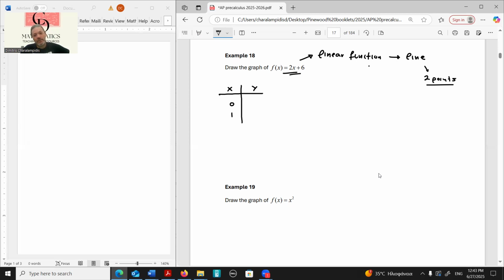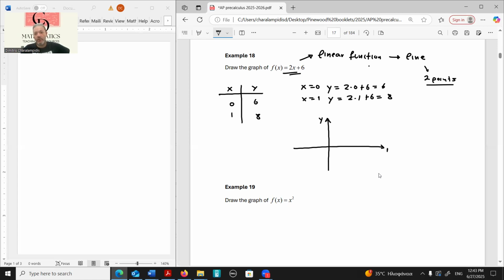Based on this rule, when x is 0, y should be 2 times 0 plus 6, it's 6. When x is 1, y should be 2 times 1 plus 6, it's 8. So I have 0, 6, and 1, 8. I just created the pairs of input and output values I needed.